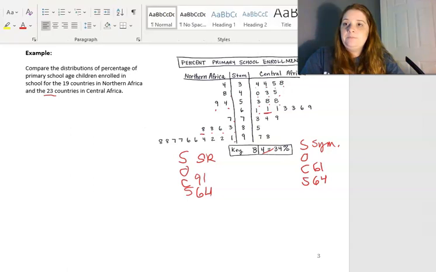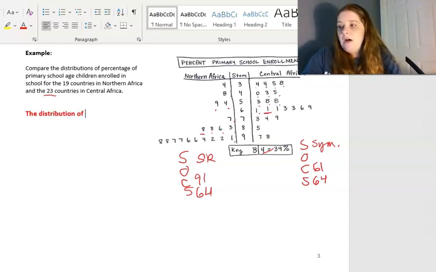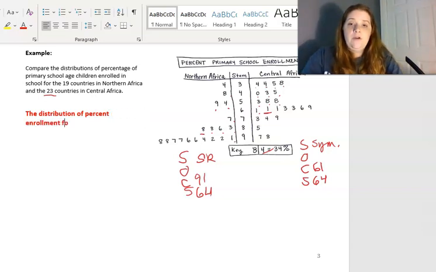All right, so I'm going to go up here and type this in. Okay, so I'm going to say the distribution of percent enrollment for Northern Africa and Central Africa. Maybe I should say distributions.